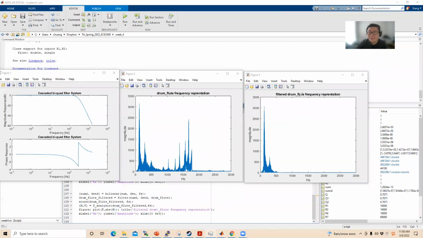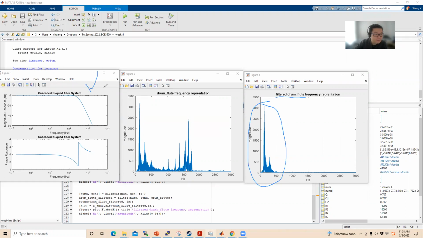You can see there's no flute part, right? But it's not so perfect. According to the filtered frequency representation, it only contains some low frequency range.